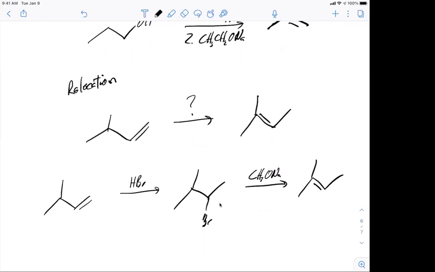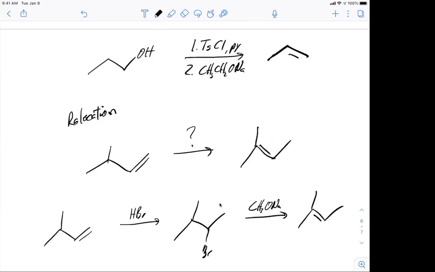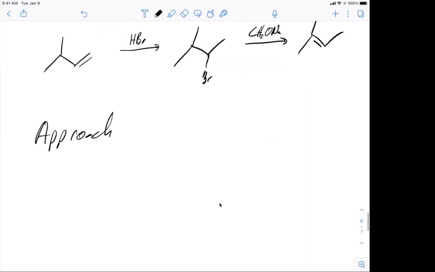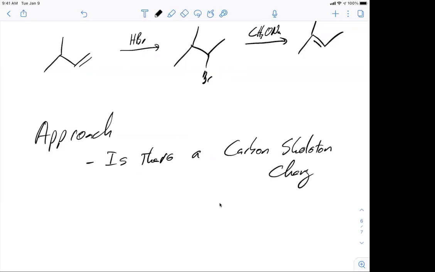So the things that we want to be watching for, the approach to these, is we want to be looking for two things. So your approach, when you're thinking about these transformations, is one, is there a carbon skeleton change? Now, the thing about this one is it's easy to see, right?